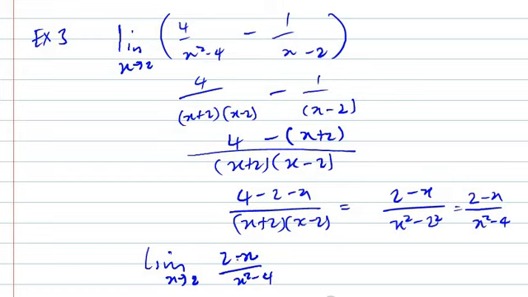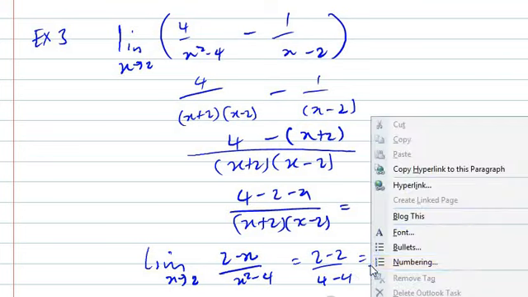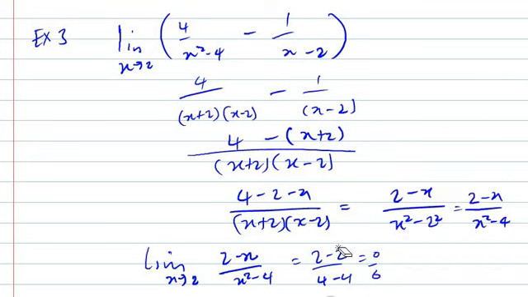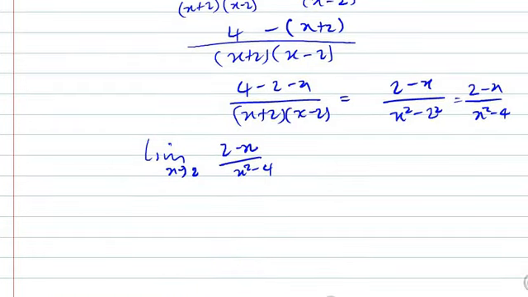So if we substitute x to be equal to 2, we have 2 minus 2 all over x squared, the x squared is 4. We have 2 squared is 4 minus 4, so here is 0 by 0, so it's not going to work, so we have to apply L'Hospital's rule to evaluate the given limit. So we clear the fraction, and differentiate, find the derivative of numerator and denominator at the same time.